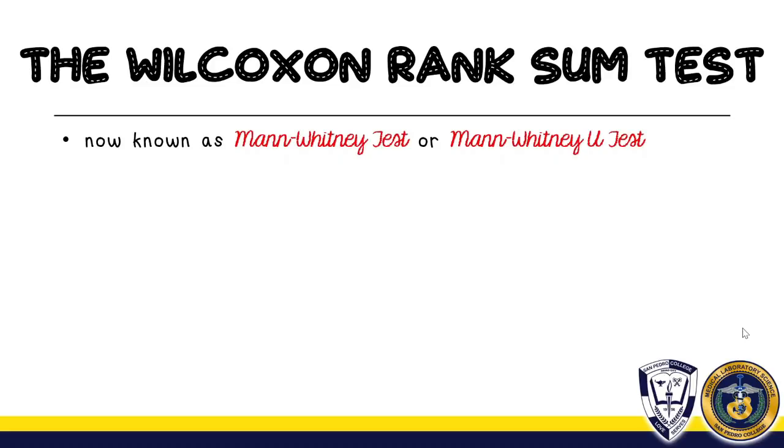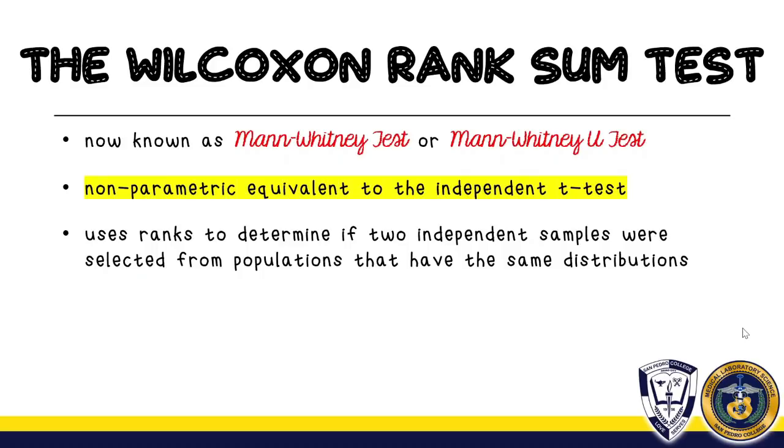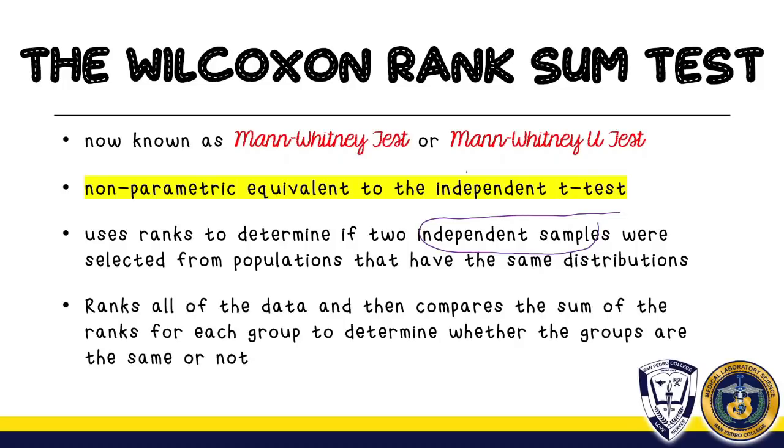But in most software, what they usually put is Wilcoxon Mann-Whitney. So, it is the non-parametric equivalent of your independent t-test since, as mentioned, for the Wilcoxon rank sum test, we are using independent samples.